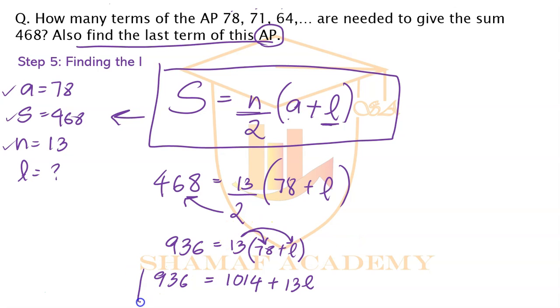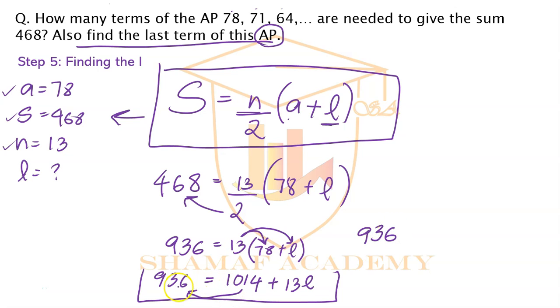So we have this. What do we do now? We have to find our L. The first thing that can come to our mind is to move the 1014 to the other side and subtract it. Yes, we are going to do that. So we have 936.